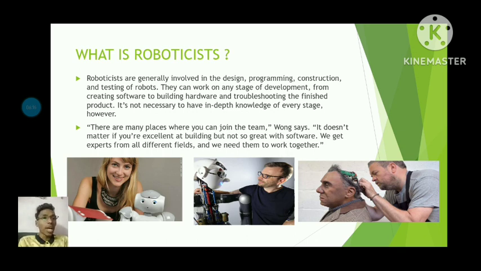It is not necessary to have in-depth knowledge of every stage, however, there are many places where you can join the team. Wong says, it does not matter if you are excellent at building but not so great with software. We get experts from all different fields and we need them to work together.